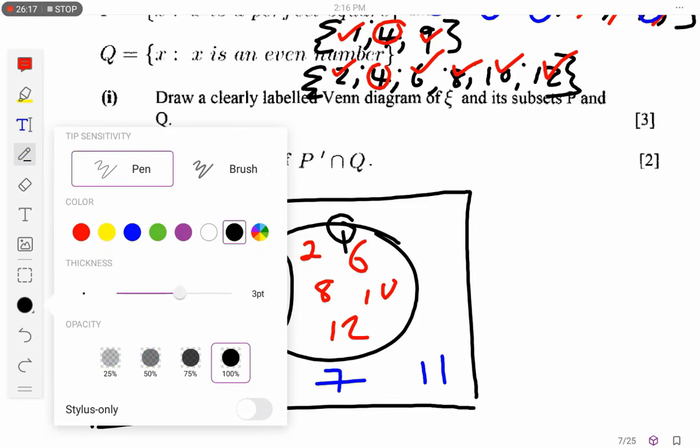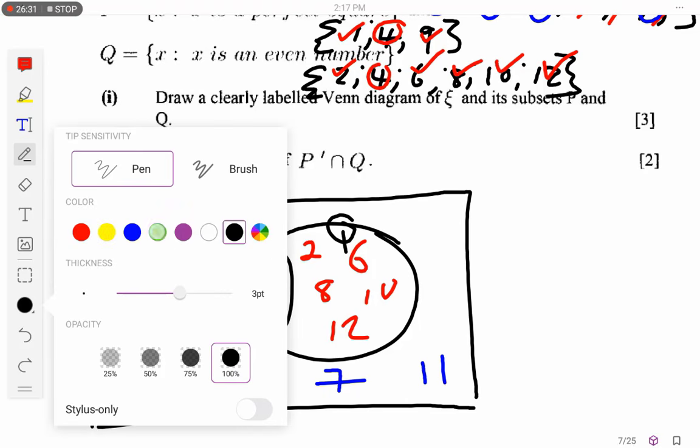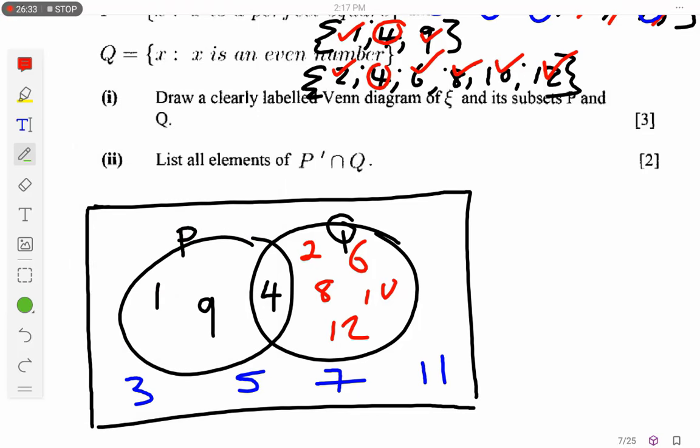Now let's answer the next question. List the number of elements in P complement intersection Q. So basically what it means is that we want the number. Let me show you what this means. It means that we are taking things that are outside P and intersecting them to Q. So you find out the answer is in Q there.